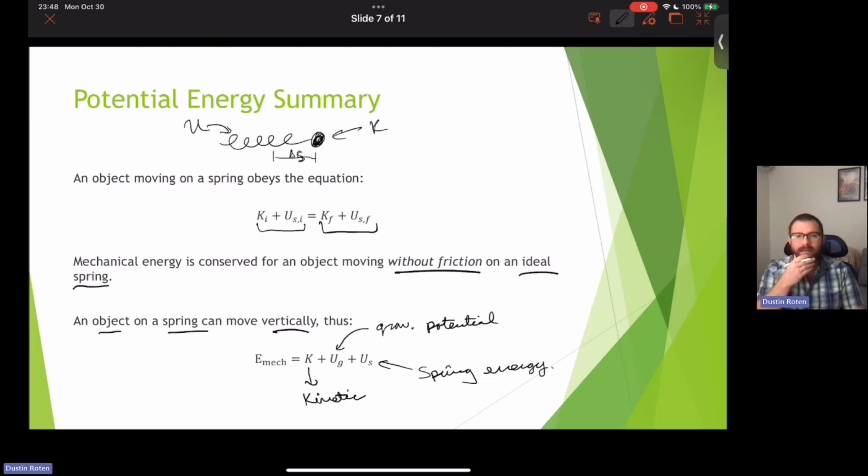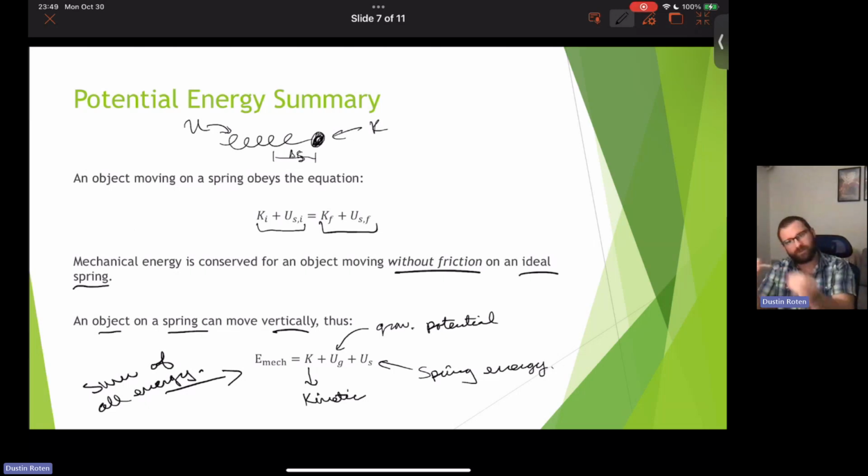So the idea here is that we could have many different types of energy, but the total mechanical energy is just the sum of all of those energies. So this is just the sum of all energy. And if you're not losing any of this through like friction or something, then the total energy's got to stay the same no matter how these energies are transformed one to the other, because you can imagine putting something on a spring, the spring raises it vertically. Well, some of that spring potential energy is converted into gravitational potential energy, but the total is still the same.